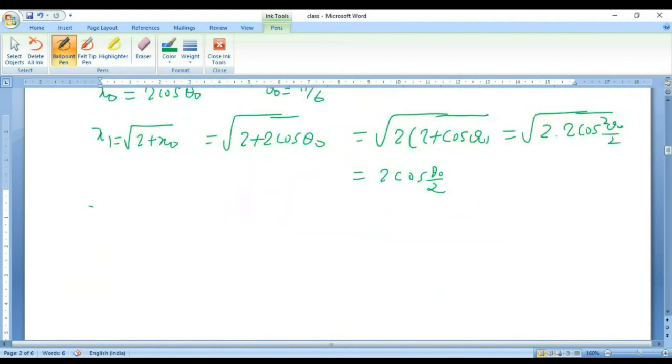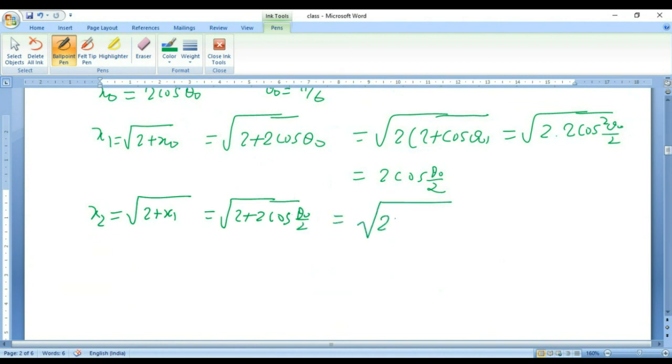If I have to go x2 one more step, x2 by recursion is 2 plus x1. That is 2 plus 2 cos theta naught over 2. This is exactly in the same way, 2 times 1 plus cos of theta naught over 2, and 2 times 2 cos squared of theta naught over 4.